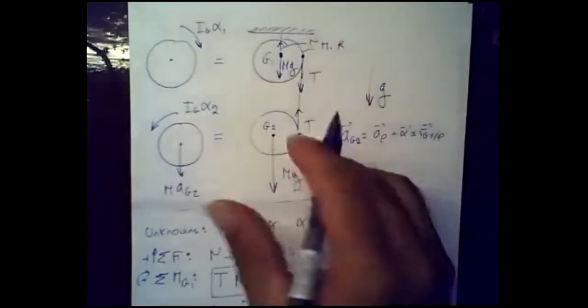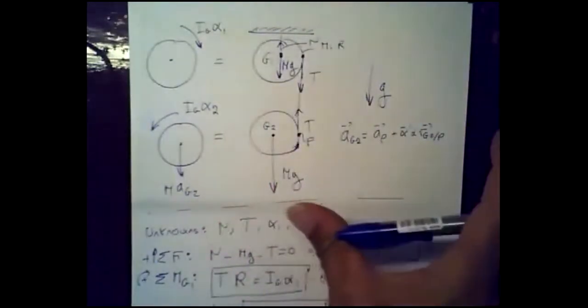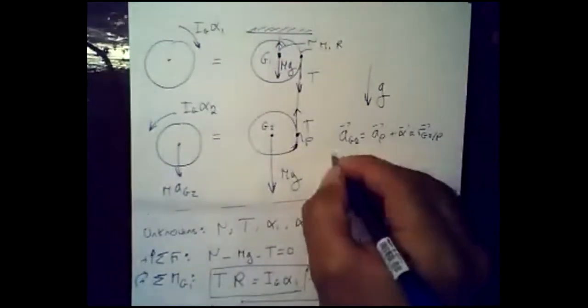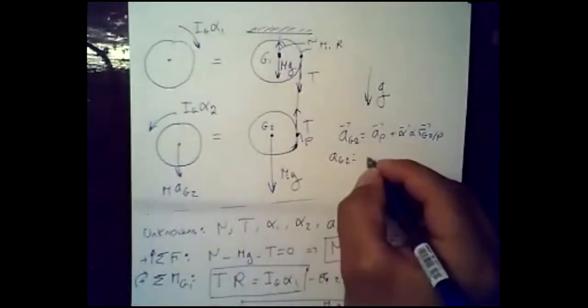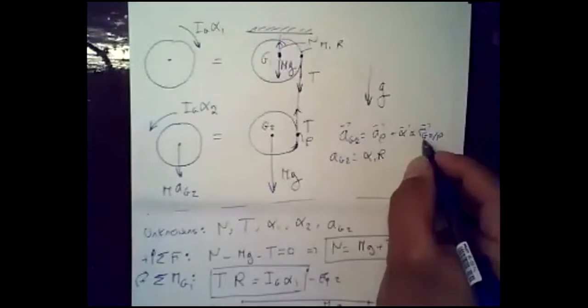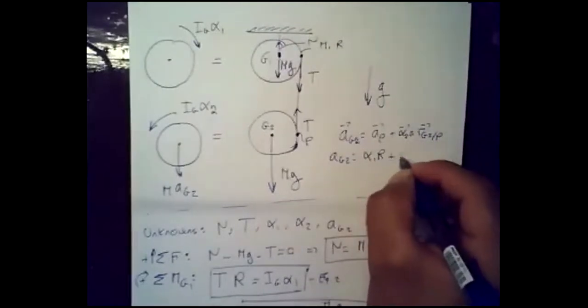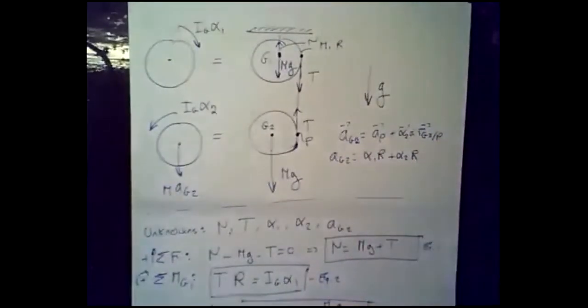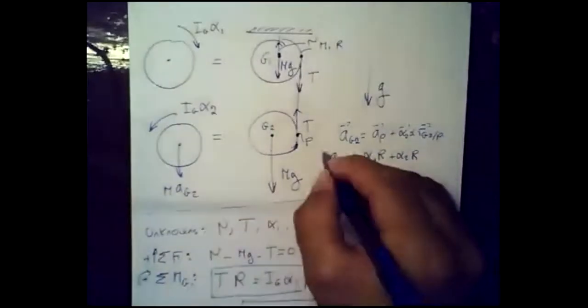But here we're talking about the case where you just released it, right? In that case, what do you think aG2 is going to be? I think the first term is going to be equal to alpha 1 r. Okay, how about the second one? I believe it will also be equal to plus alpha 2 r. Right? And then this is my 5th equation.